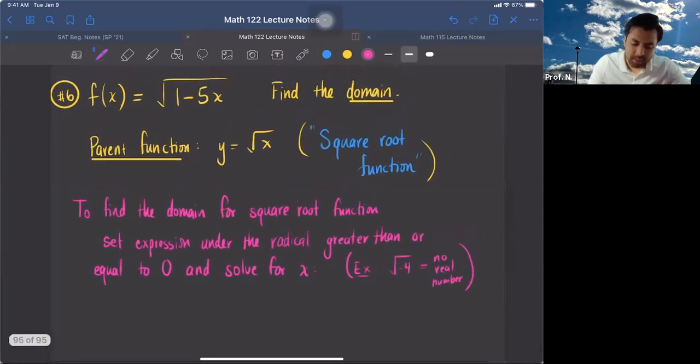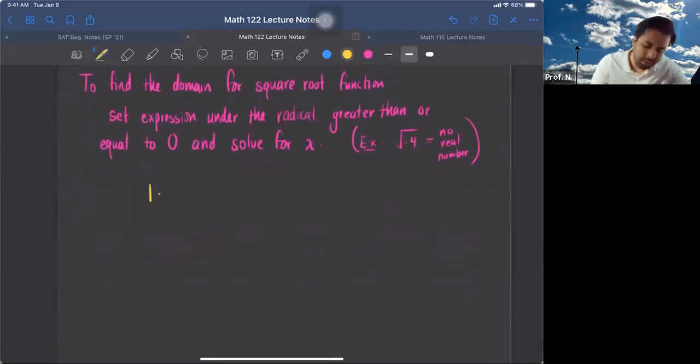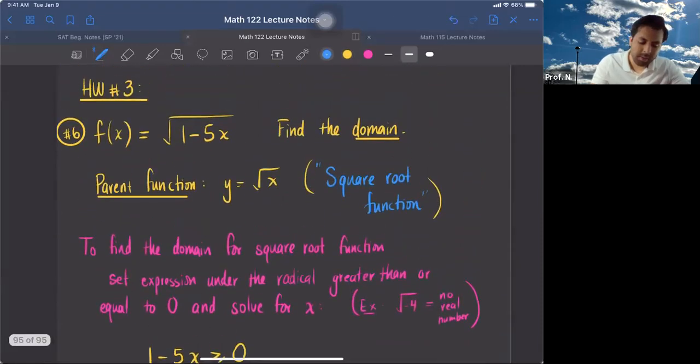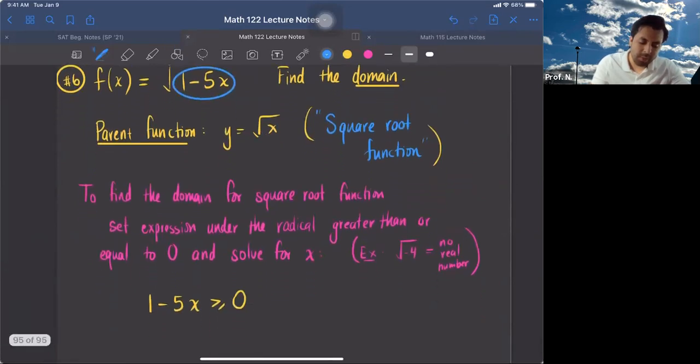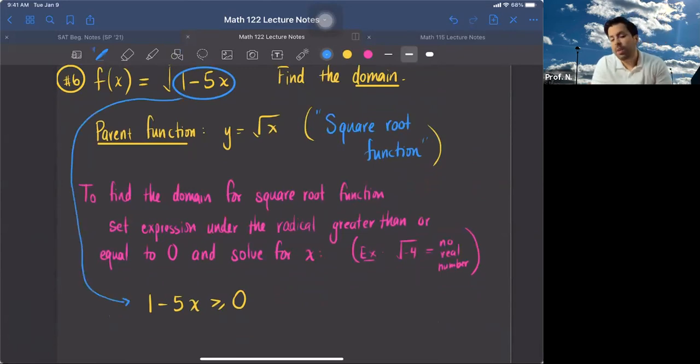So because that's the case, we're going to say 1 minus 5x is greater than or equal to 0. That's what we're going to do, because this is the expression underneath that we want to make sure is positive or equal to 0, non-negative.